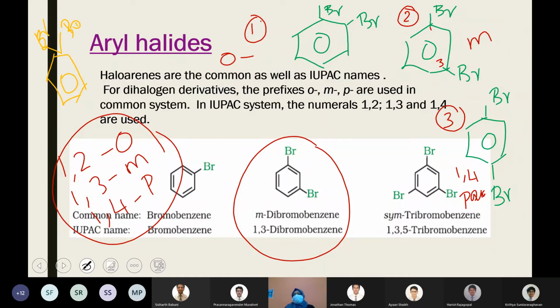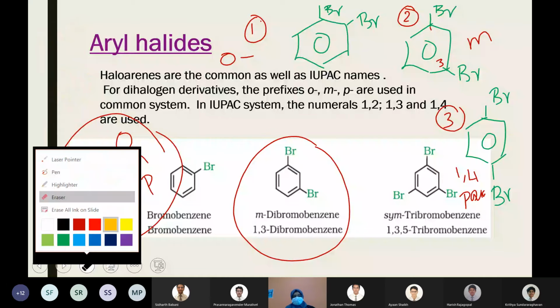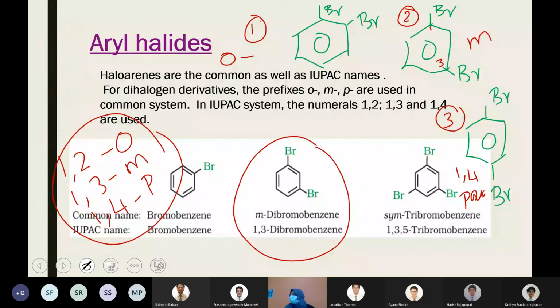Is something like this possible? Because there is only one hydrogen on the carbon, you can replace only that hydrogen. So at a time, one carbon can be bonded to only one bromine. So these kinds of compounds are not possible for aryl compounds. Okay, so that is not possible. That's why we are not discussing geminal kinds of compounds in aromatic compounds, because that's not possible.